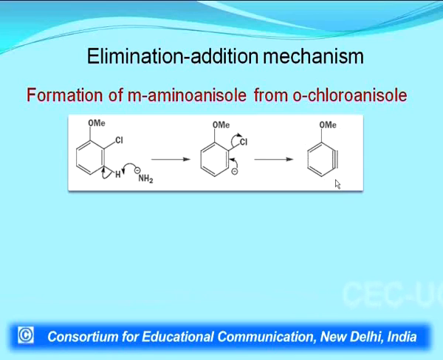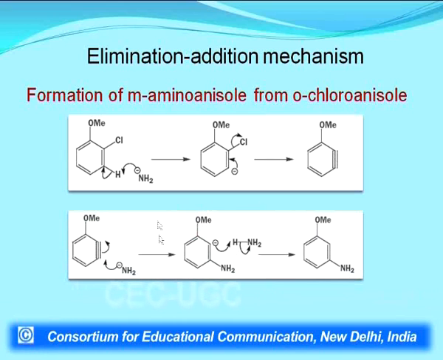Now, on this benzyne again the amide may attack here or amide may attack here. But when amide attacks here, the negative charge will come on this carbon, and when the amide attacks here, the negative charge comes on this carbon, and then there is a preference that the negative charge will go to that carbon where it can be easily stabilized.